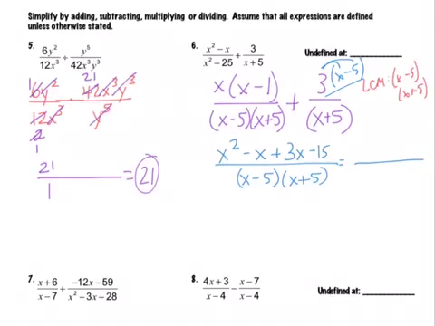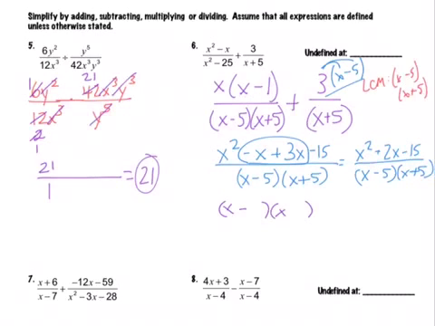So that's going to equal x squared. I can combine these two, which would be plus 2x minus 15 all over x minus 5 times x plus 5. And I leave them like that. Now I'm looking at my top and I'm asking myself if I can factor that. So I'm going to go to my next line and say, I'm going to try x and x, and it's negative 15.